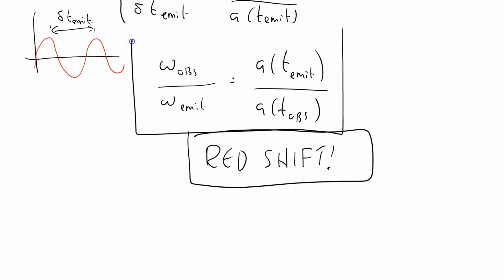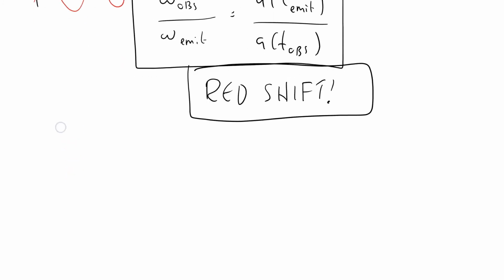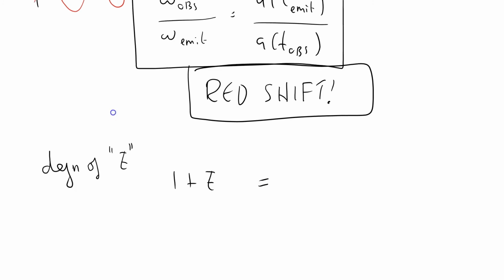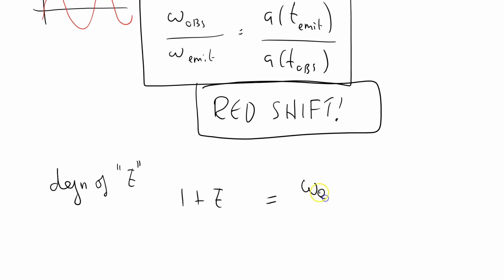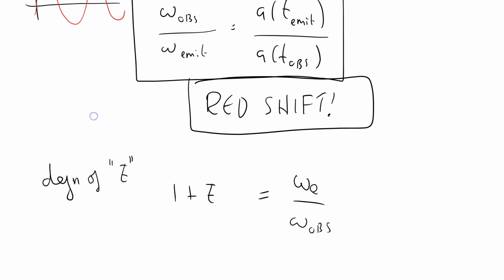Nevertheless, we've got this beautiful expression here for cosmic redshift, and we normally express that using a z term. So normally this is a definition of cosmic z, the redshift z. 1 plus z equals, by definition, omega emitted divided by omega observed, which equals a of t obs divided by a of t emitted.